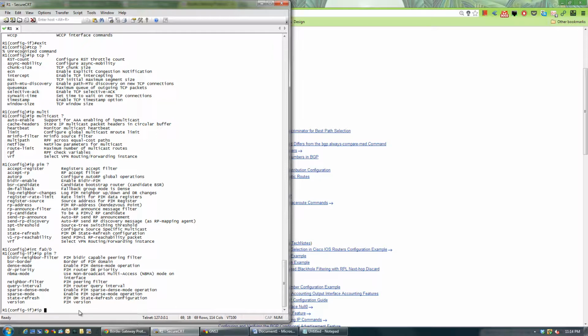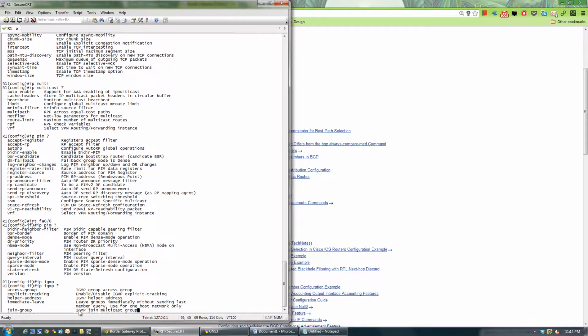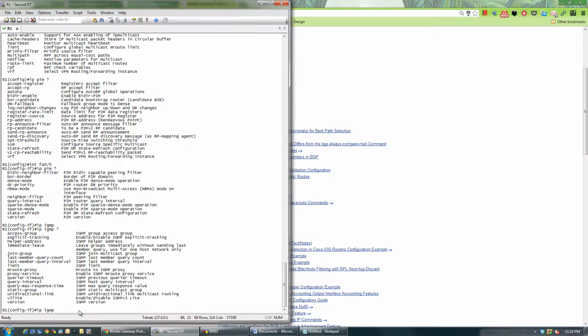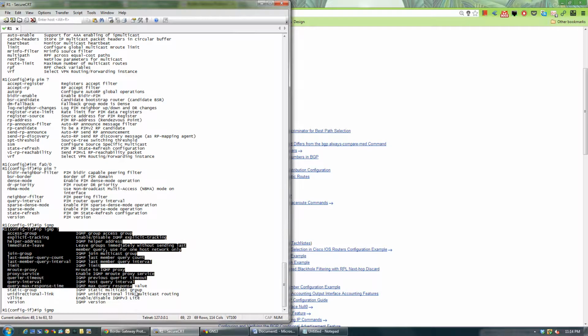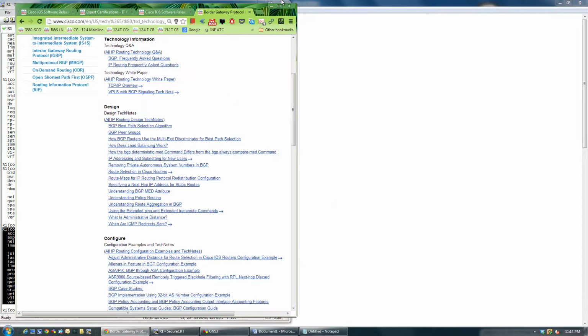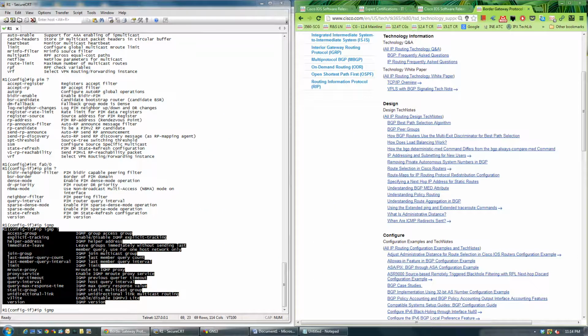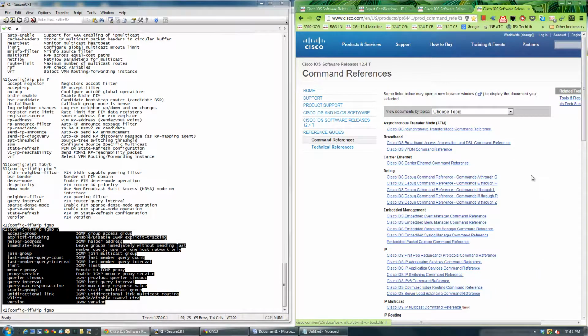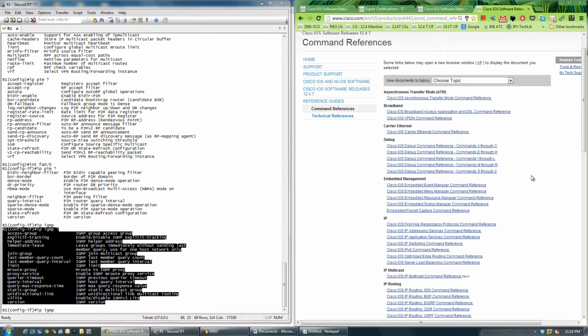And say IP IGMP, another set of commands. See, look at this number of commands. Go through all these, find out information about all these commands. Let's see where you can find it. Let me just put it aside and then see. I make use of 15 T because I have a few routers in my office.